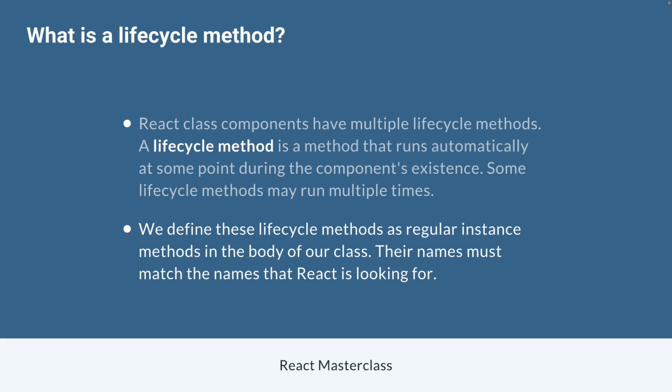Or another event that it goes through is having its state changed whenever we call something like setState. Or maybe another example is receiving a different value for a prop from the parent component. Or another example is being unmounted, being removed from the DOM.